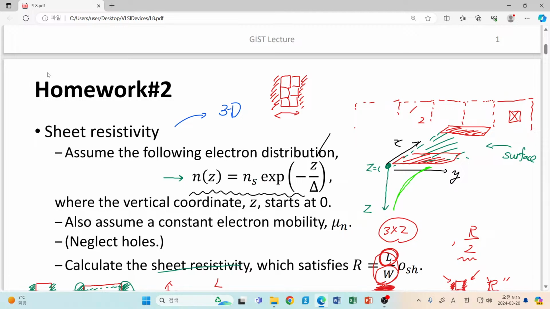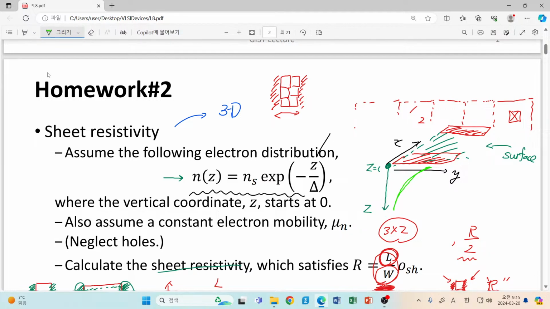Only in the surface region do we have a lot of electrons, and if we change the point of measurement deep into the substrate, our electron density exponentially goes away.